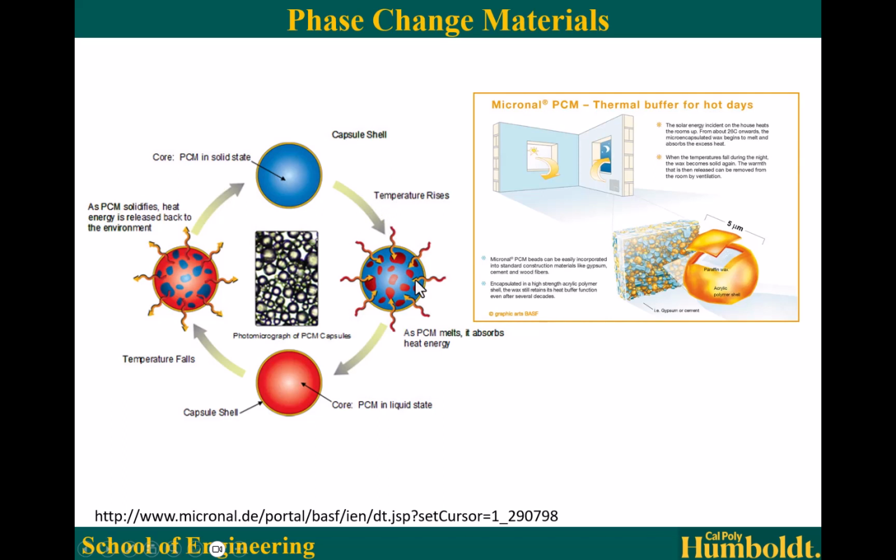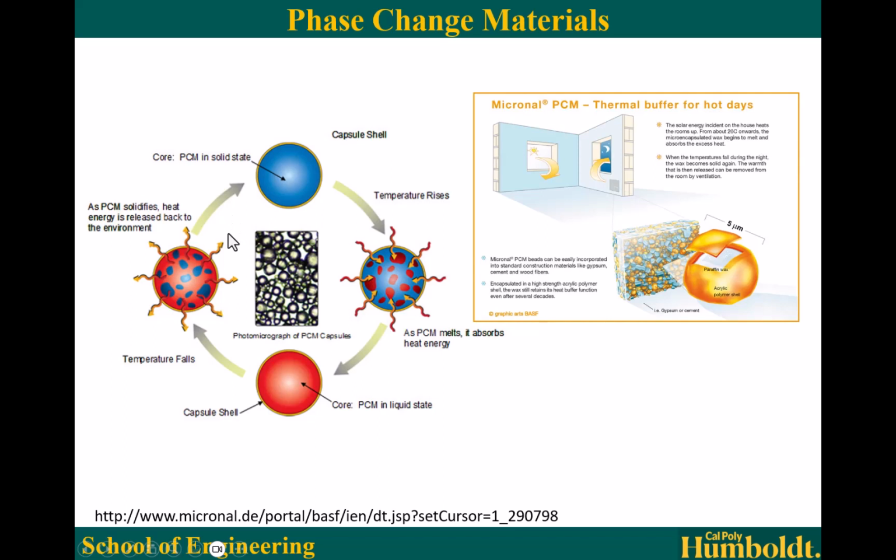Melting is an endothermic reaction. So endothermic, we absorb energy from the environment. As we absorb the energy from the environment, the temperature will eventually begin to fall because we're absorbing energy. And that material will also, as the temperature falls, if it falls below the melting point, then we will solidify.